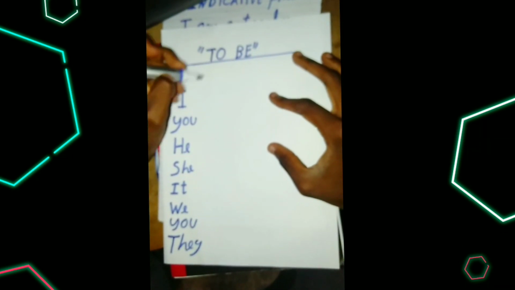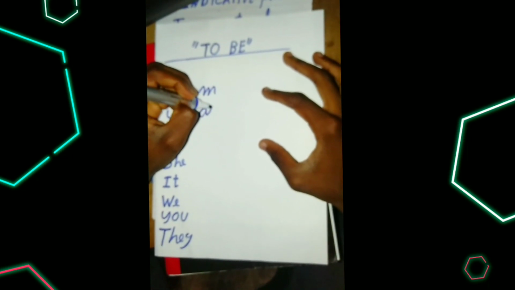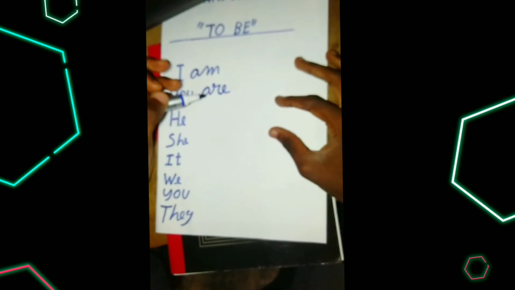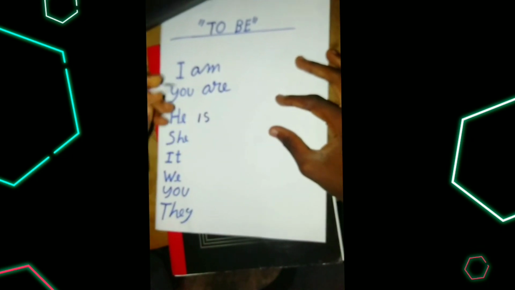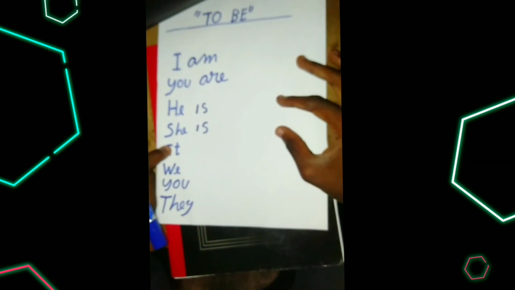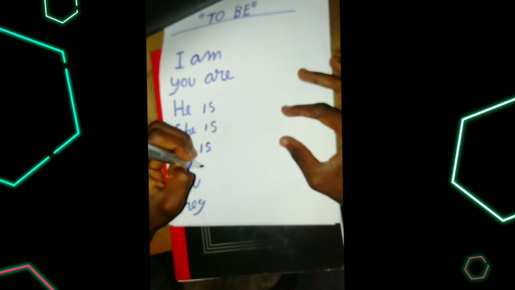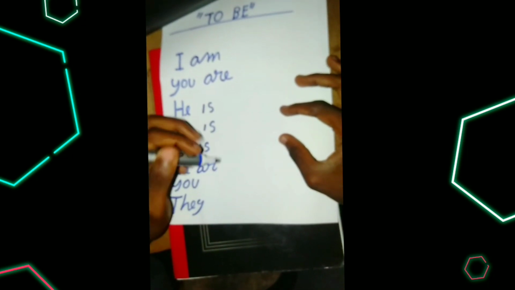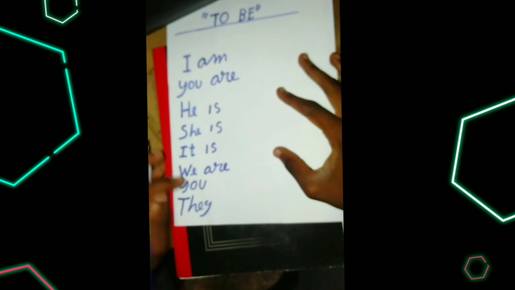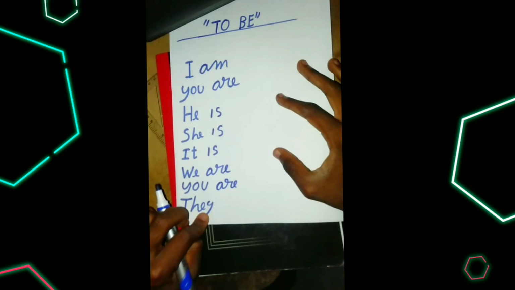In the first person, I am, you are, and he is, she is, it is, we are, you are, and they are.